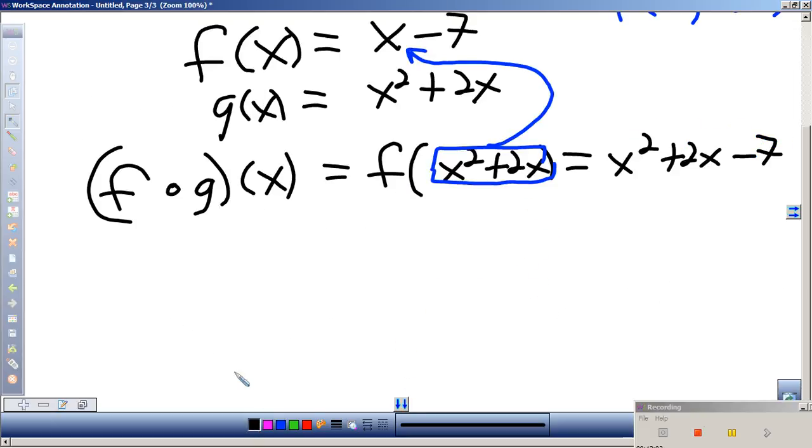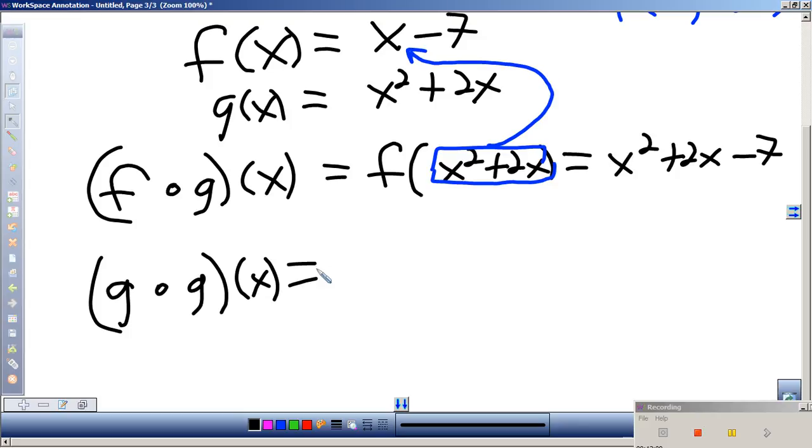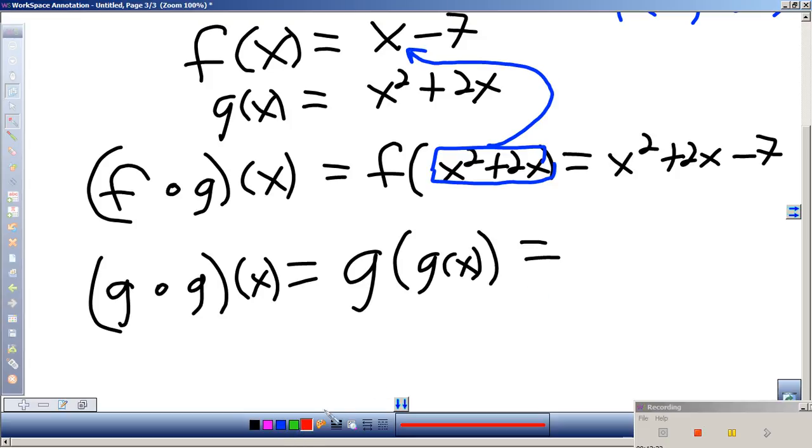How about g of f of x? So we're saying take f and plug f of x into g. What do we get with that one? x squared plus 2x, squared plus 2 times x squared plus 2x.